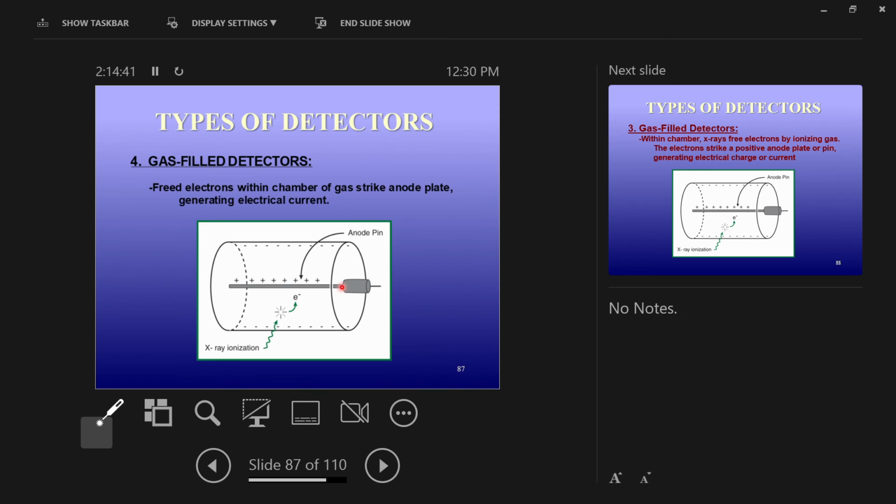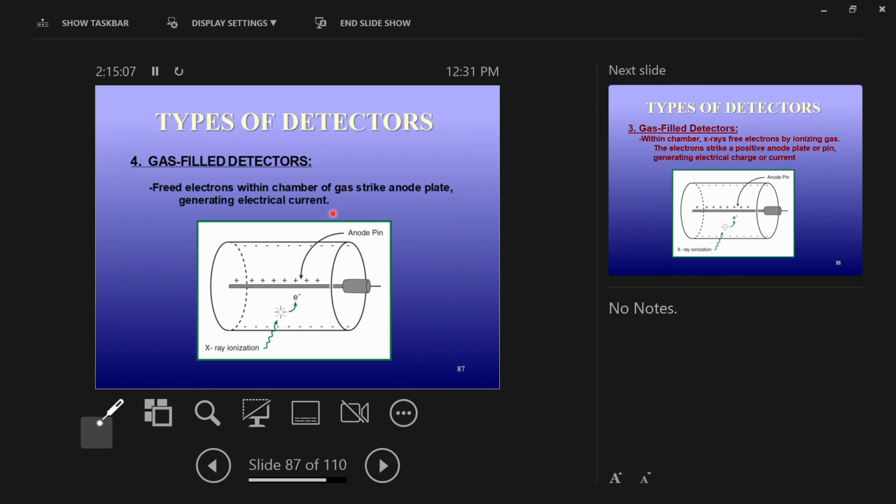The more electrons liberated, the more current runs through that anode pin. That's the principle behind gas-filled detectors. Freed electrons within the chamber of gas strike an anode plate, generating electrical current. This is the principle behind personal pocket dosimeters, as well as what's called a Geiger-Müller tube, or as you've probably heard of them, Geiger counters.